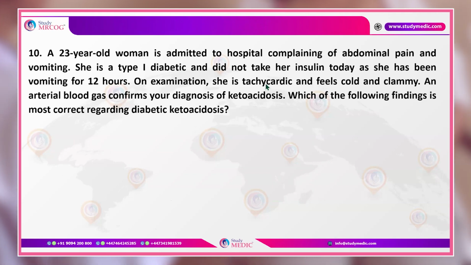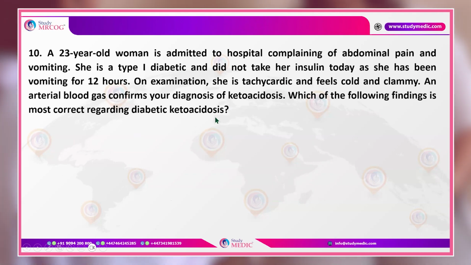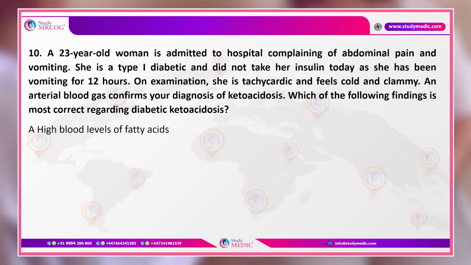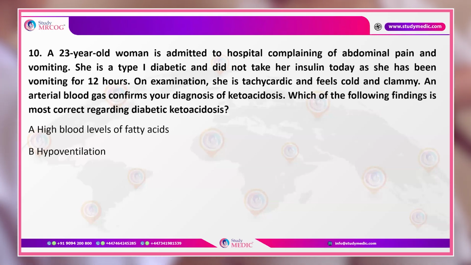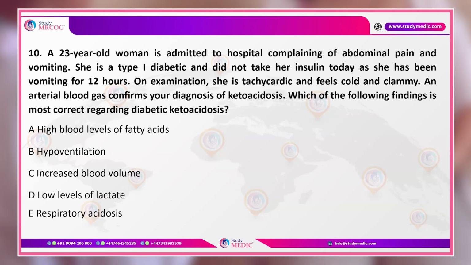On examination, she is tachycardic, feels cold and clammy. Arterial blood gas confirms diagnosis of ketoacidosis. Which of the following is the most correct regarding diabetic ketoacidosis? High blood levels of fatty acids, hypoventilation, increased blood volume, low levels of lactate or respiratory acidosis.